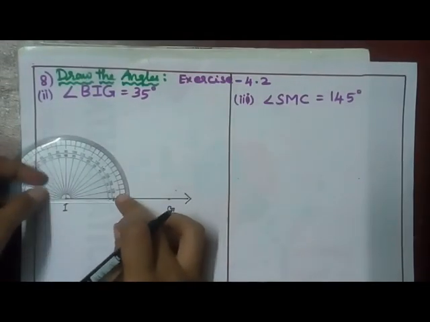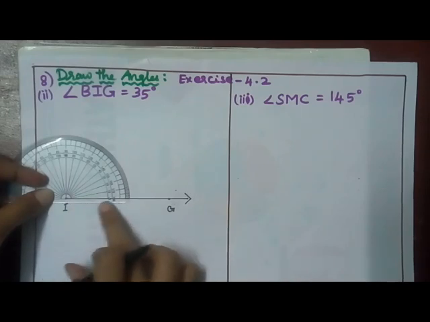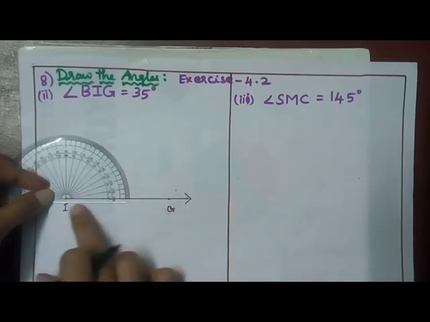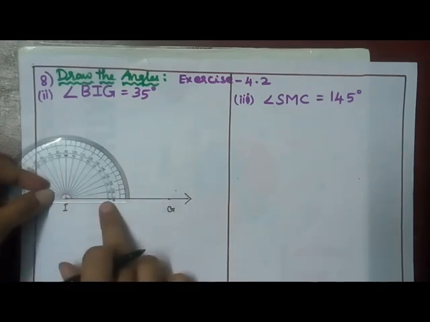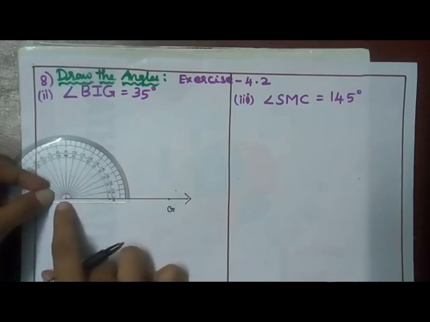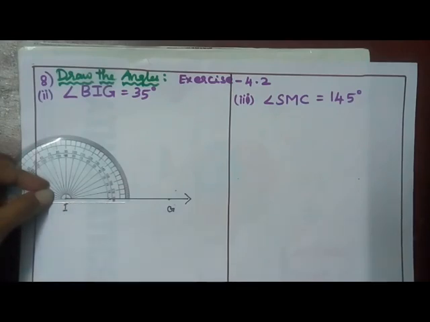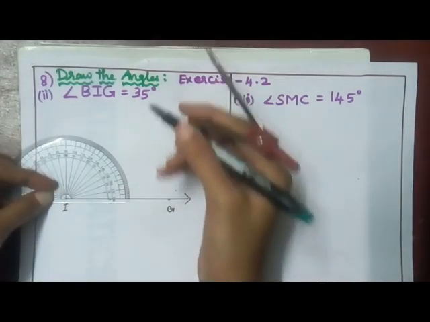You have to line up the base ray with the vertex line. This one is the base ray IG. You have to line up this base ray with the vertex line, 0 degree. Can you see this? Vertex point at I and line up this base ray with the 0 degree line. And then what is the question? 35 degree.